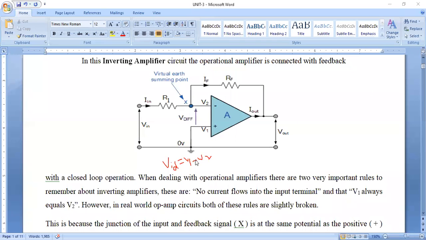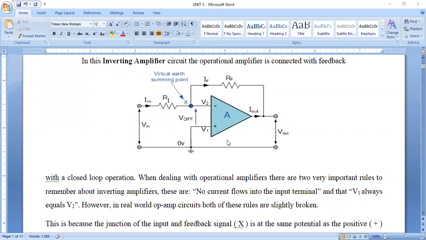If we explain the circuit construction clearly, this comes under the classification of linear operational amplifiers: the closed loop inverting operational amplifier, or inverting voltage controlled voltage source operational amplifier.